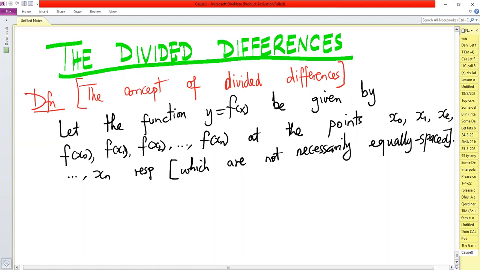So let the function be given by f of x0, f of x1 up to f of xn at these tabular points x0 up to xn that are not necessarily equally spaced. Then the first divided difference.